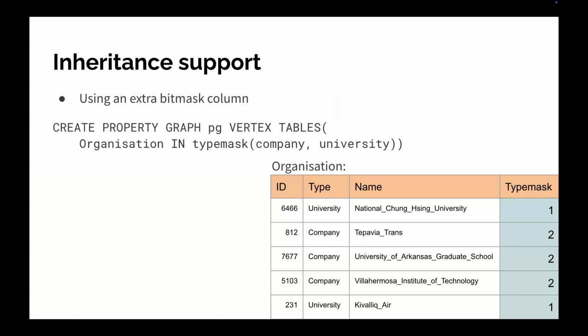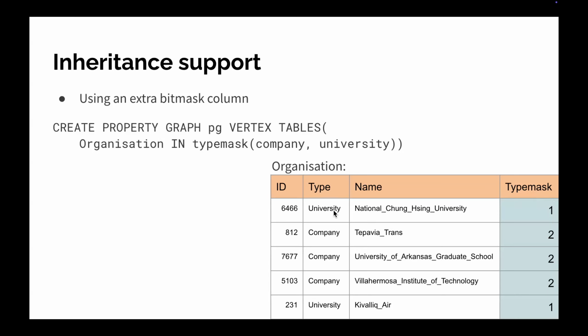We see the table organization, which has two types, university or company. And we support inheritance through using a bit mask column. This bit mask is a 64-bit integer column that currently users have to specify or create themselves, but maybe I'll make this some sort of hidden column at some point. That's this type mask column.